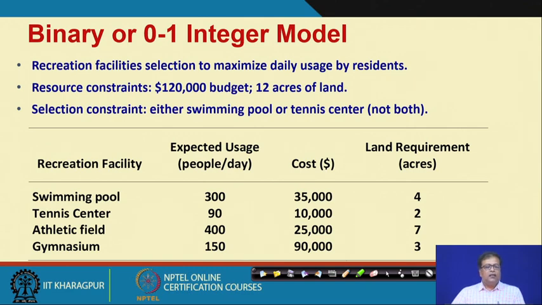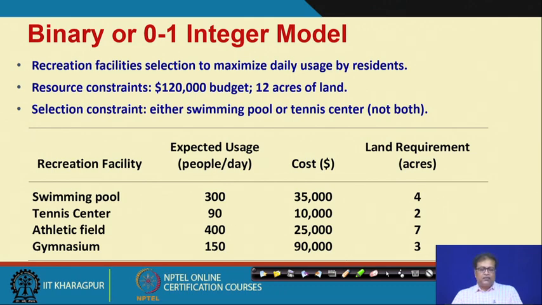Let us say recreation facilities are to be created, and we have a budget and the total amount of land. There are 4 types of recreation facilities to be created: swimming pool, tennis center, athletic field and gymnasium. Each has a cost, expected usage and land requirement.